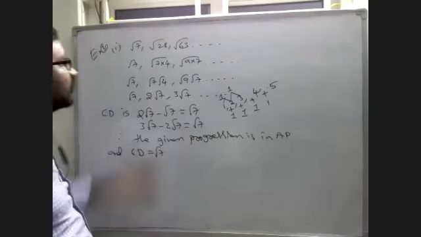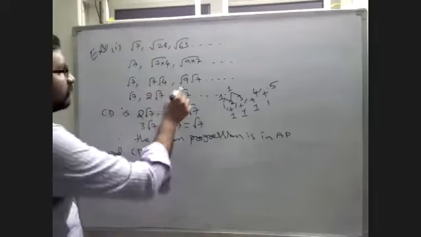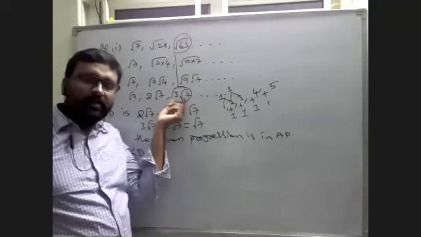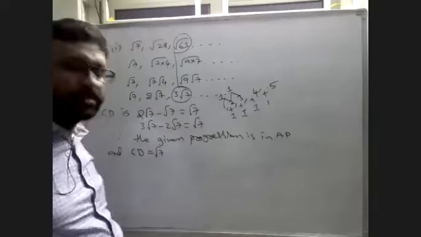He is asking. Root 63 means 3 root 7. For 3 root 7, we have to add the common difference. What is the common difference? Root 7.